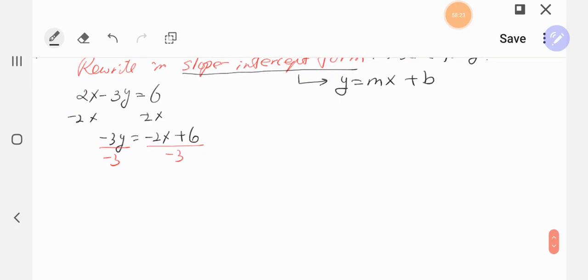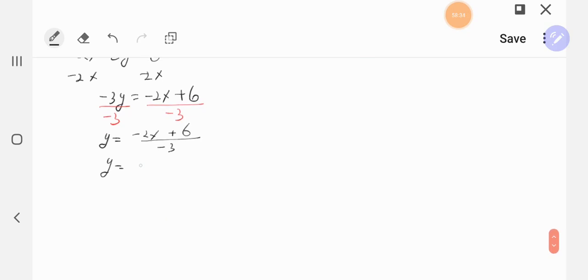Then y is equal to, okay, so let's separate the numerator: negative 2x over negative 3 plus 6 over negative 3. Then y is equal to, okay, negative over negative is positive.